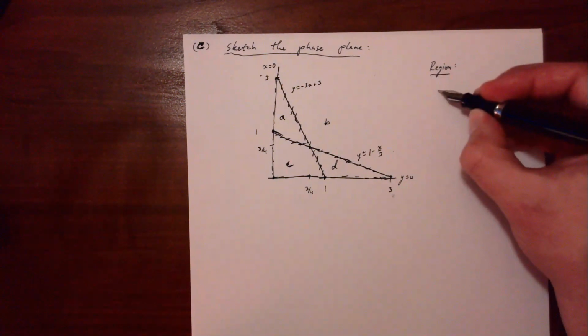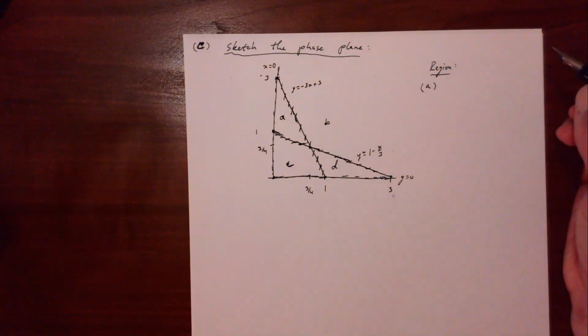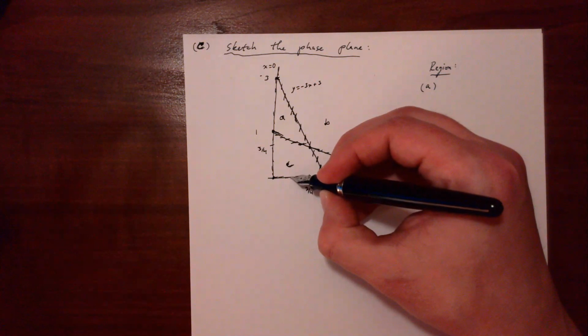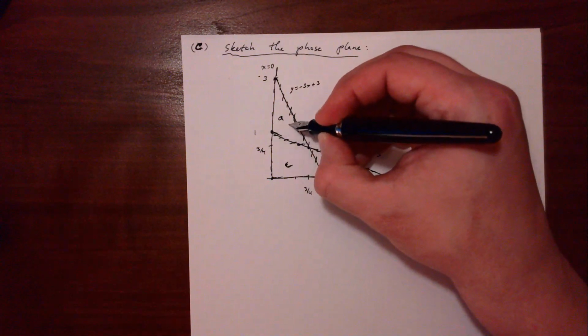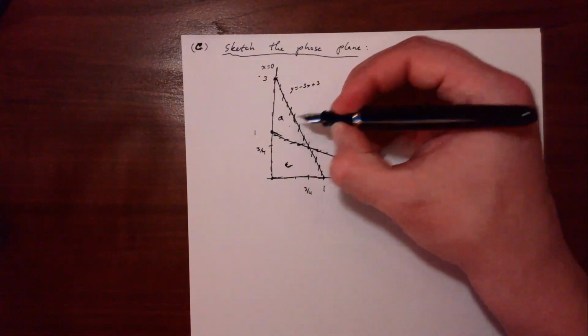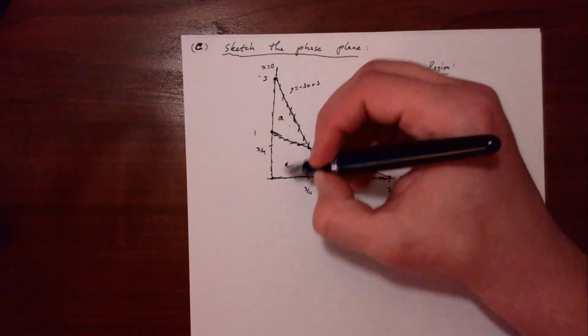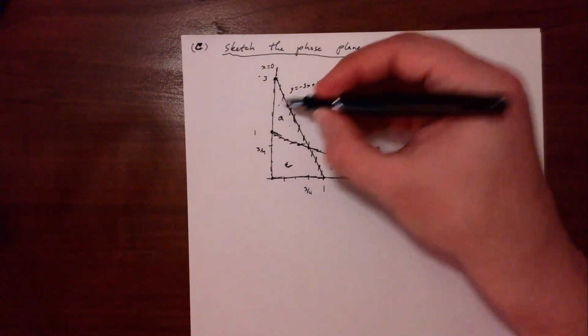Region, let's say A to start with. So we just need a representative point. Something smaller than 3/4 but bigger than 1... let's just say 1/4. 1/4 would appear to be in there.